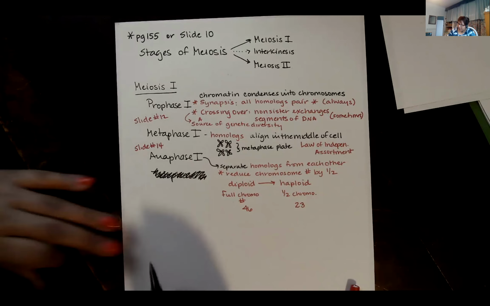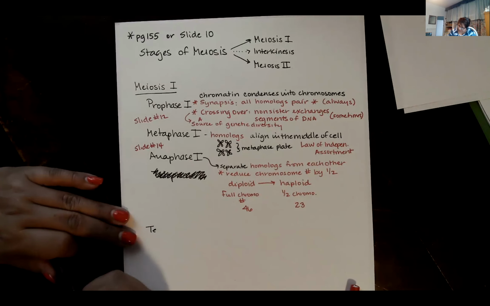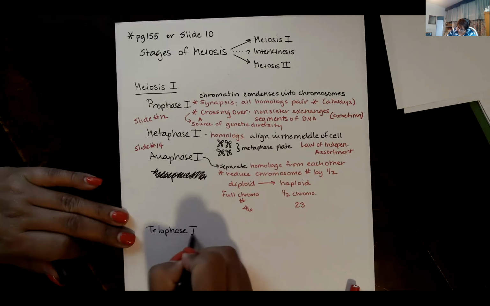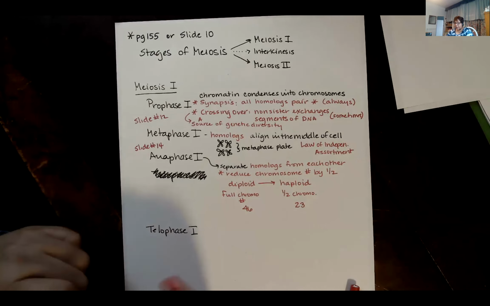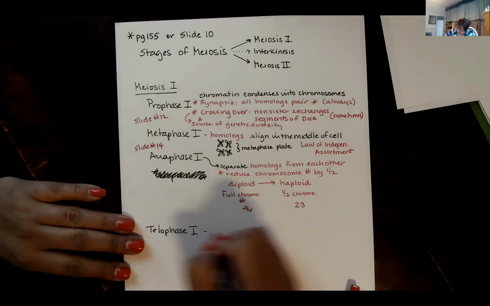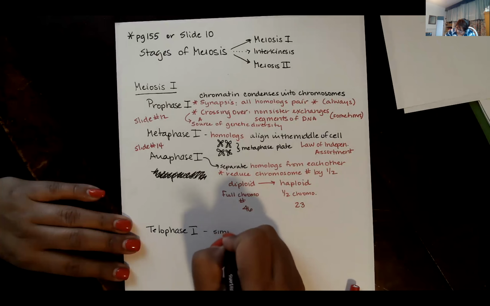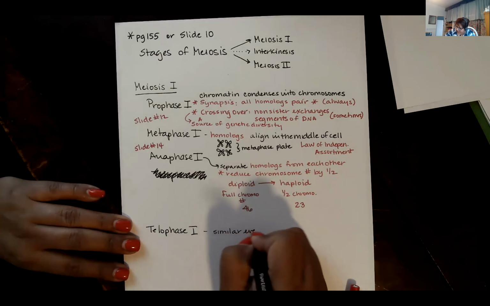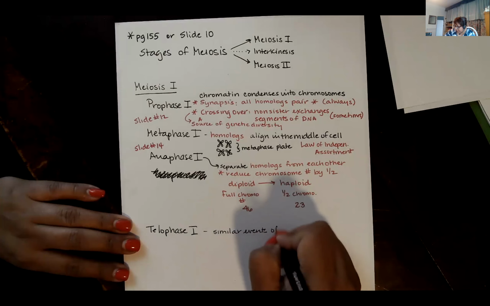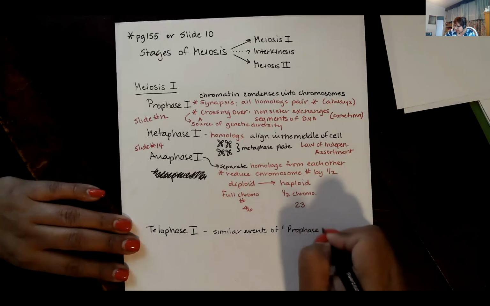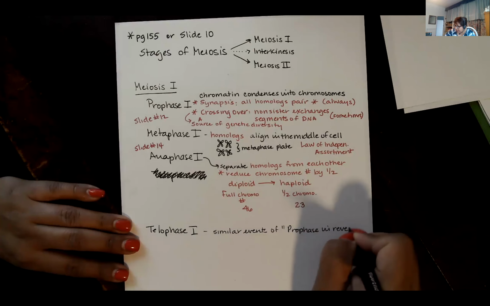Anaphase is then followed by telophase, which is kind of like prophase in reverse. All the things that we did in prophase, we're going to undo in a sense.